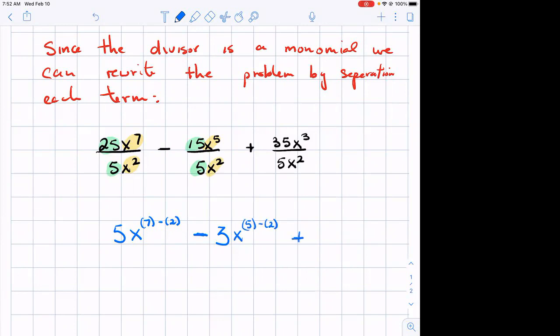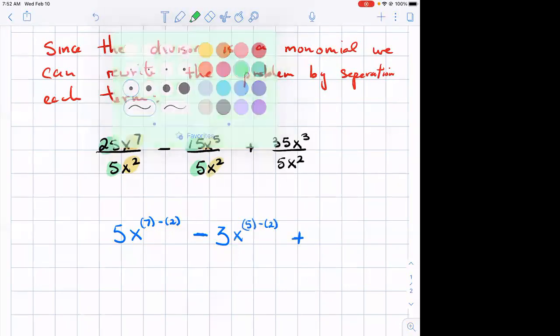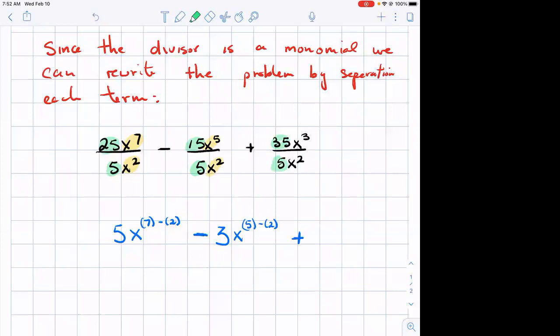Then we have minus, and once again, what is 15 divided by 5? It goes evenly, so we write 3. Since the bases are the same, x to the 5th over x squared becomes x to the 5 minus 2. Then plus 35 divided by 5, which is 7, and x to the 3 minus 2.